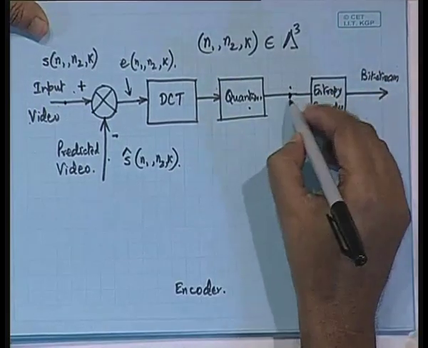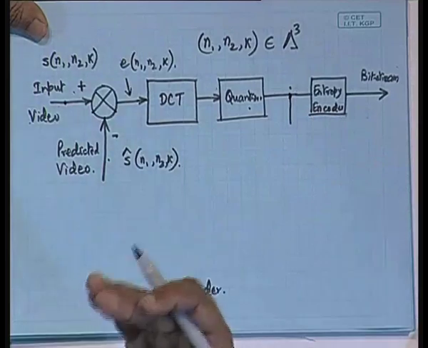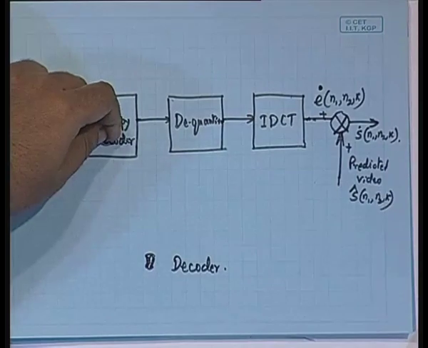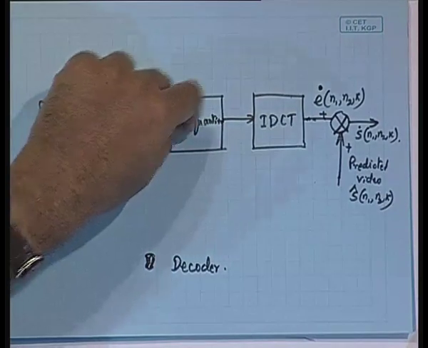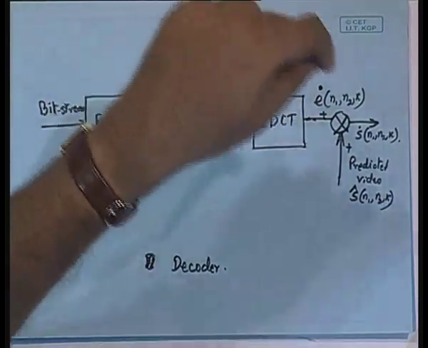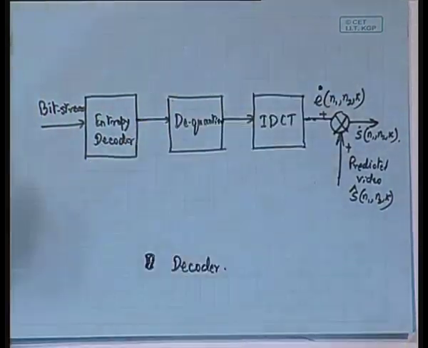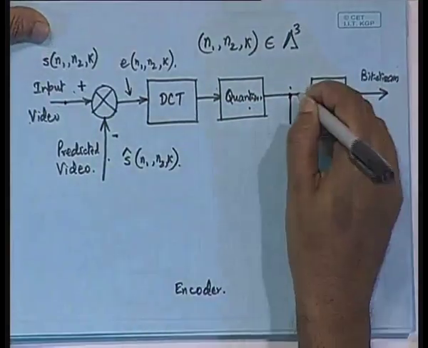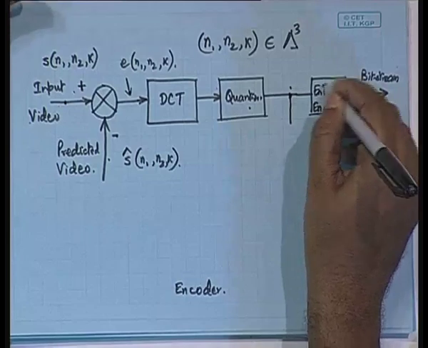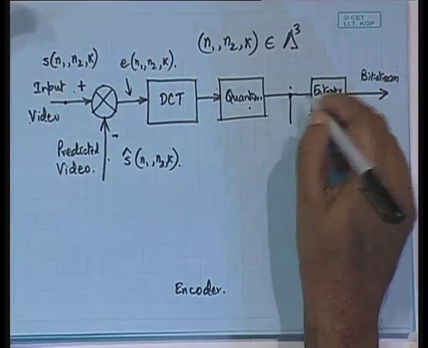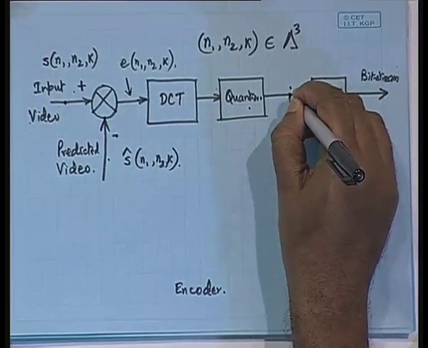So, how do we do that? Here we have to mimic the decoder part. What did we do at the decoder? We had put forward an entropy decoder, dequantizer, IDCT and generated E dot. In this case, we do not have to use the entropy decoder, because we are tapping before the entropy encoding.